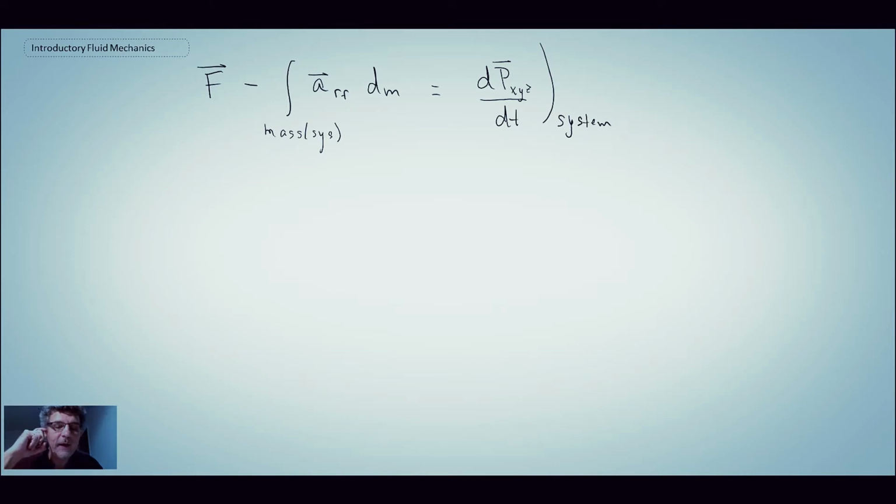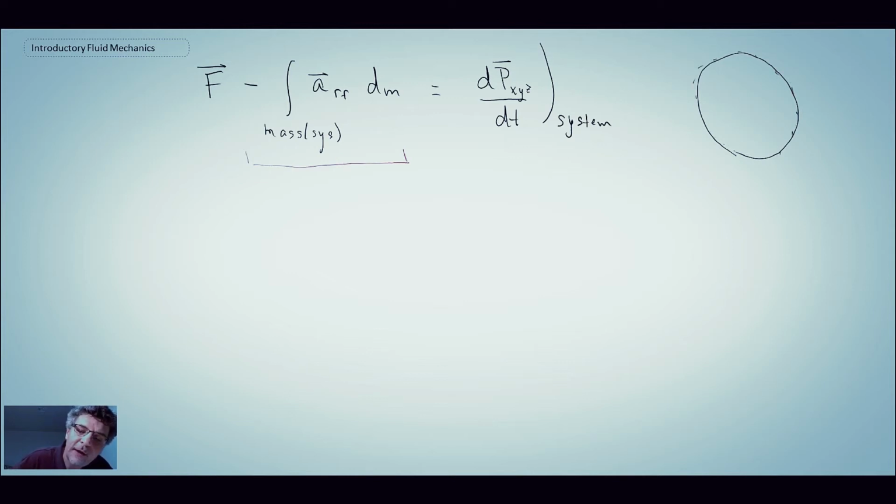So we get that. Now that looks very similar to what we had earlier when we had the basic law, F equals ma, with the exception that we have this correction term here. So let's continue working with this and see what we get. What we're going to do, we're going to look back at when we did the Reynolds transport theorem, and if you look way back in the notes, we had the system and a control volume.